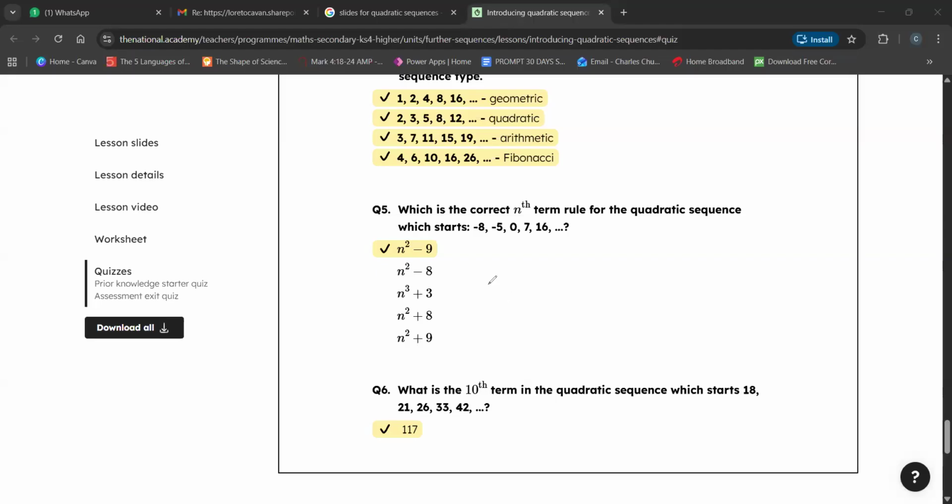So if we were to find out what's the first difference here between -8 and -5, how would we find it?